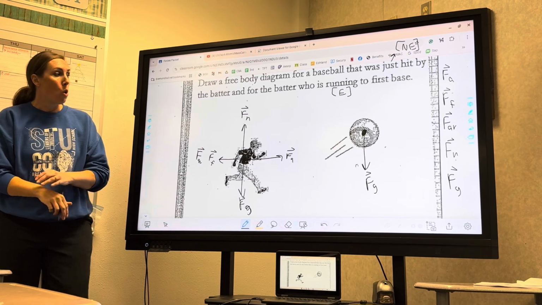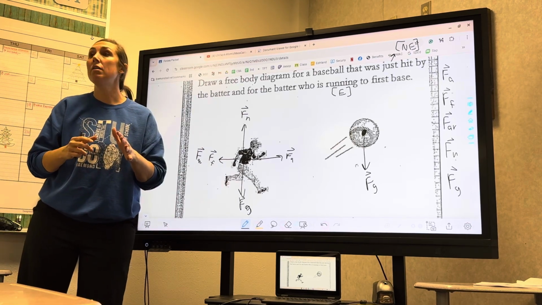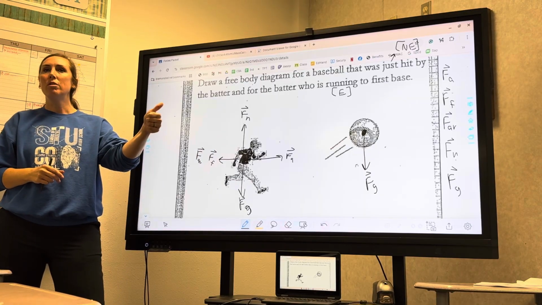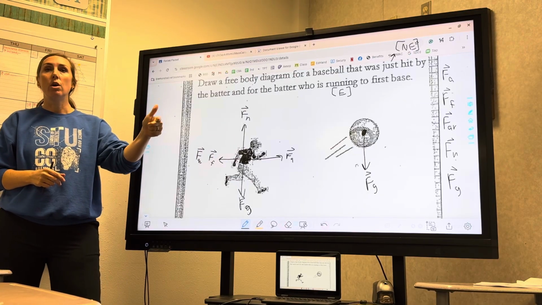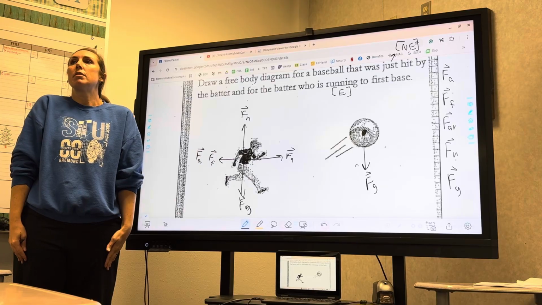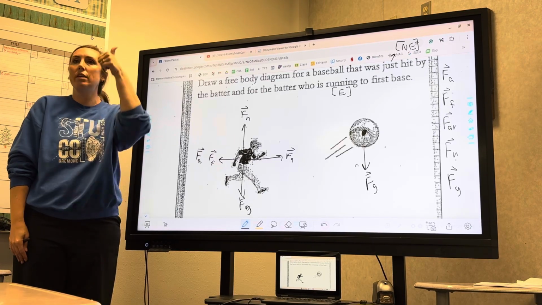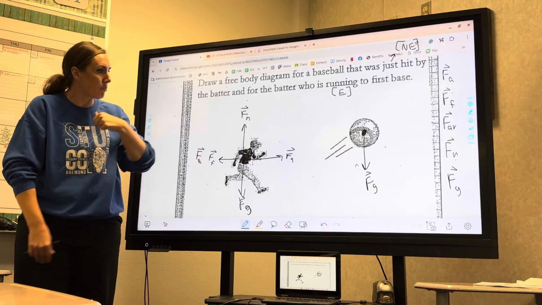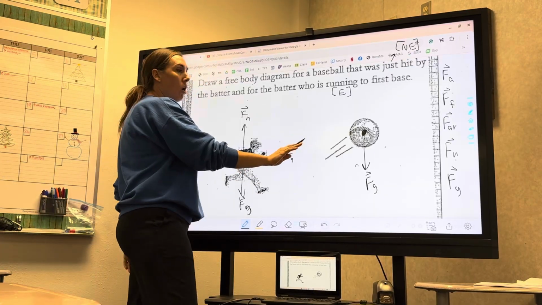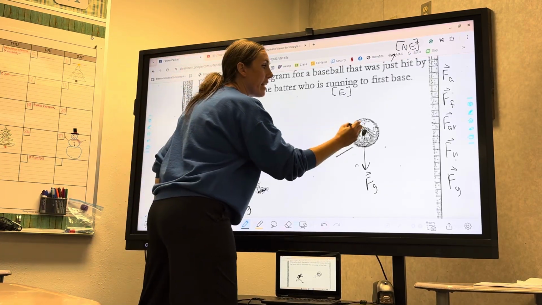He's got all 5. What if he was jumping midair? You would take away normal, you would take away friction. Good. What if he came to a stop? What would he only have if he were stopped on the ground? Normal and gravity. Good. Okay, so this ball was hit northeast.